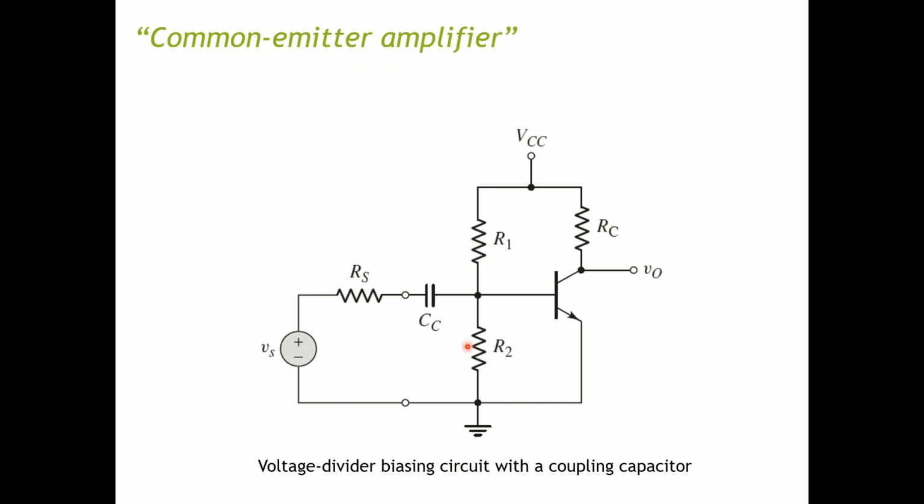Another thing is regarding the voltage divider biasing. So the biasing is the DC. As a DC biasing, it is established by R1 and R2, and this DC biasing will not be disturbed from the source, because in DC condition this node right here is an open circuit.